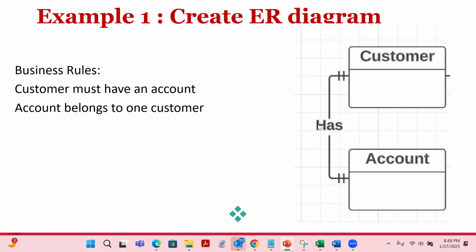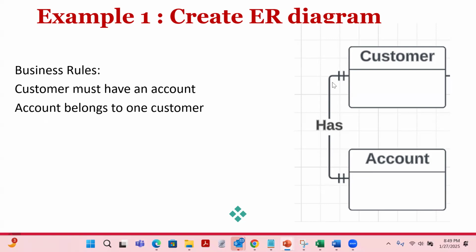From customer to an account, it's one and mandatory: one because it's a singular account, and mandatory because of this "must" word. So we have one relationship on the customer side. We have two vertical lines, which is one and mandatory, on the account side.